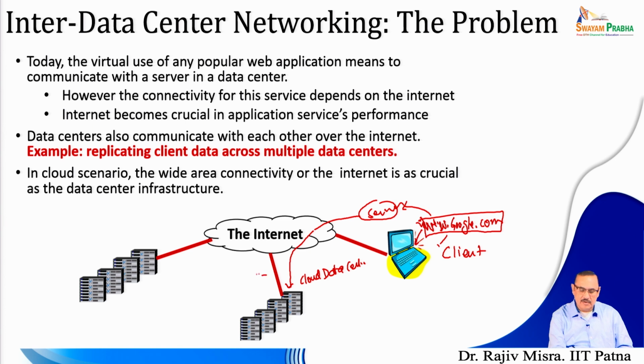Now, there may be many cloud data centers available. Out of them, one of these particular data center will serve this particular application as a server. So, this particular traffic which enters into the data center, now data center will experience all such traffic which is coming from different web browser or from the user. They are called northbound traffic.